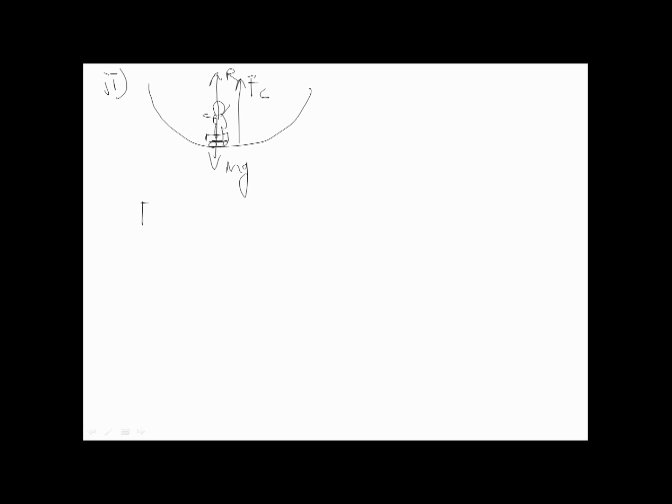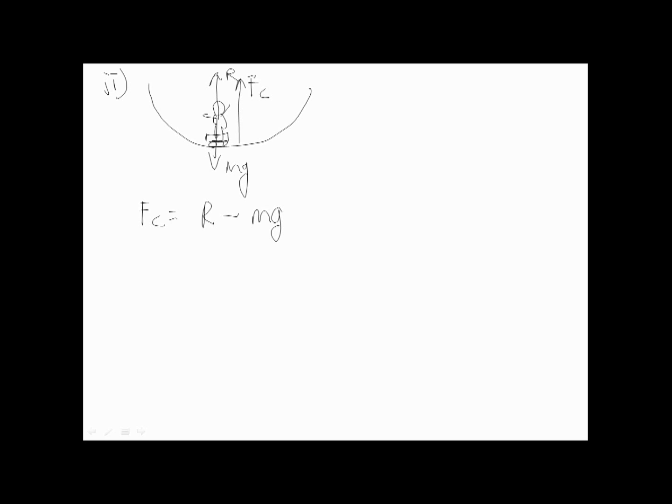Remember that centripetal force does not come for free. There is some other force that provides it so that it changes the direction of the velocity. So here, very obviously, Fc equals R minus mg.